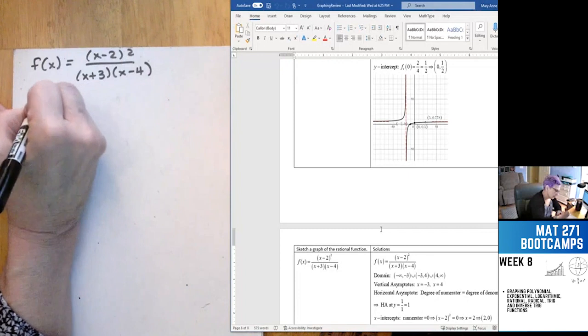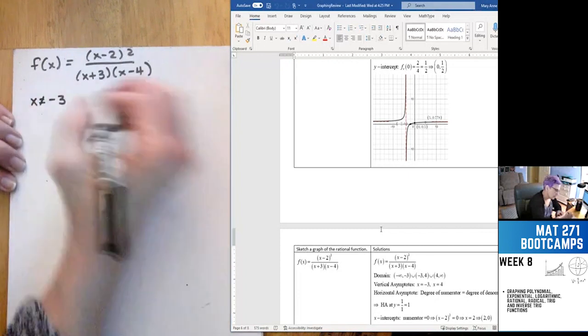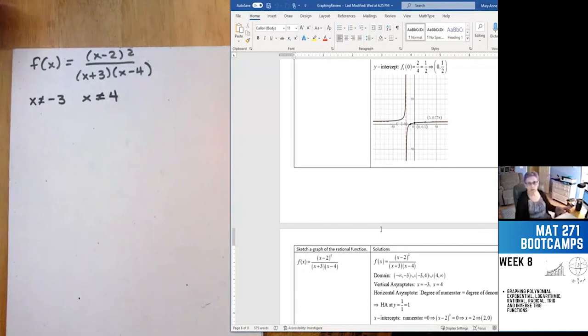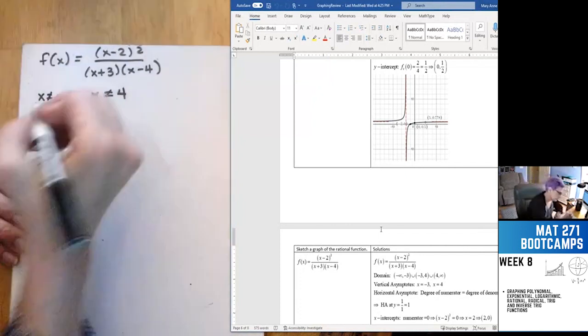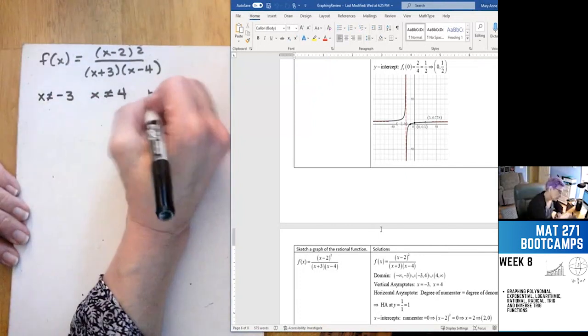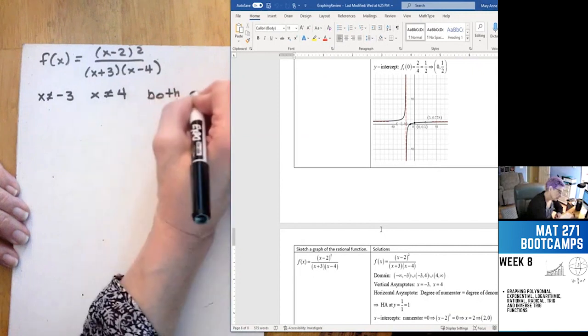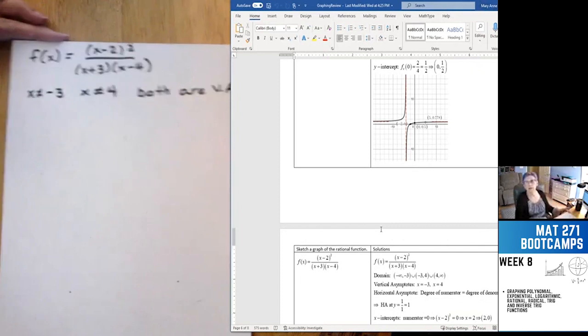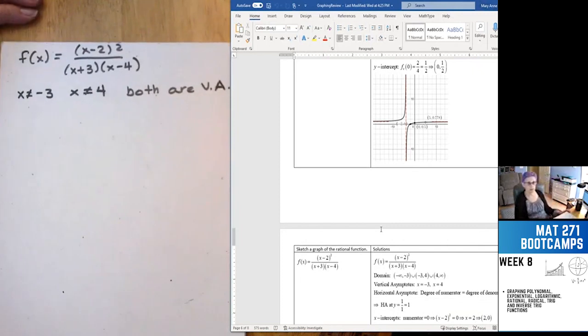So x cannot be equal to negative 3, and x cannot be equal to 4. And both are vertical asymptotes because nothing cancels.